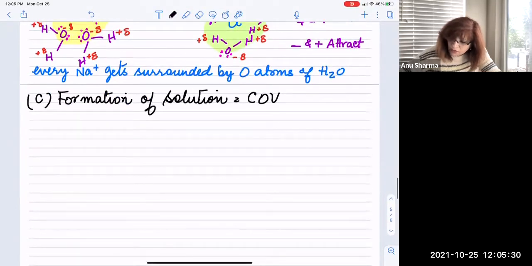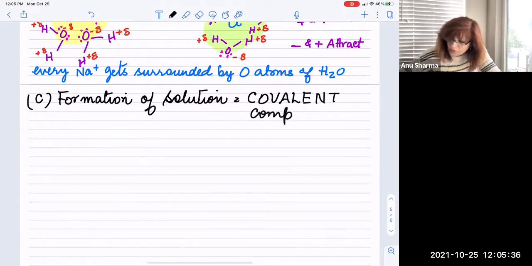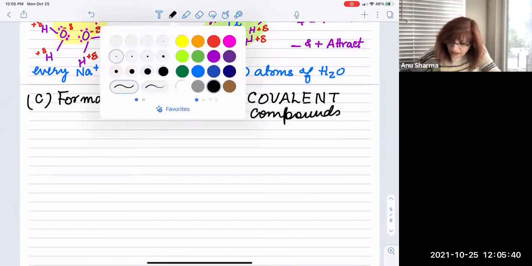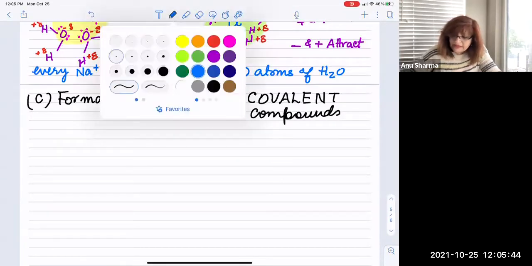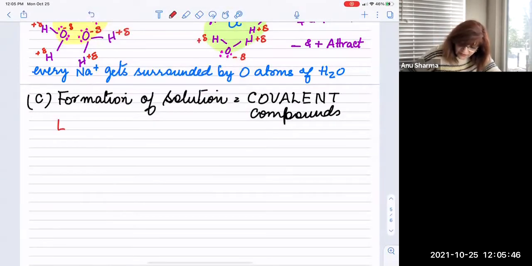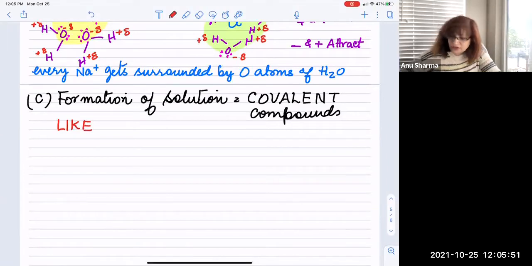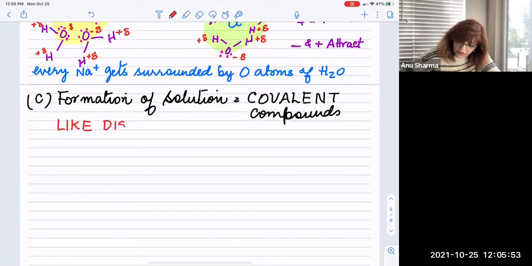Covalent compounds follow the rule that like dissolves like. Covalent compounds do not break up into ions, so we will follow the rule like dissolves like.